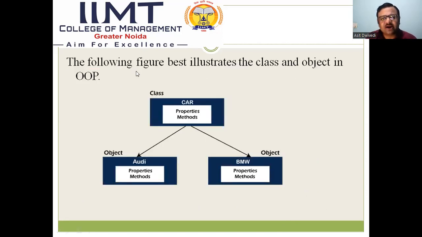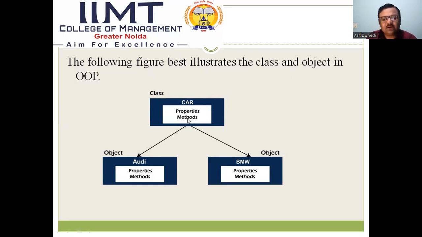The following figure best illustrates the class and object in OOP. Our class is in the first rectangular box. Class is car, with properties and methods. Now defining two objects of this class.